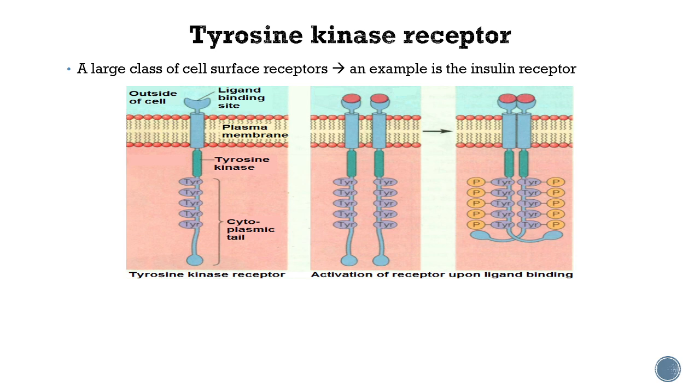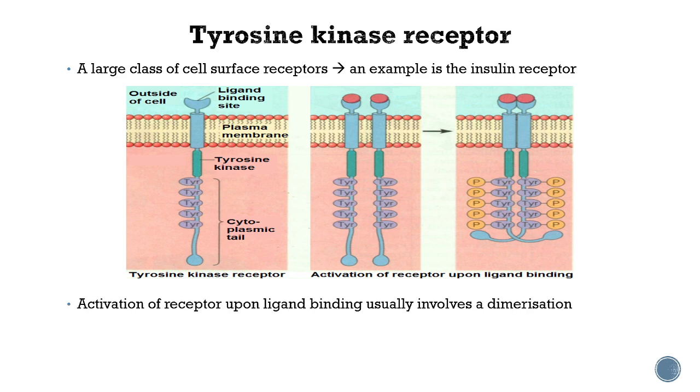Insulin binds specifically to the insulin receptor. This is how a general tyrosine kinase receptor looks. Usually, for most tyrosine kinase receptors, it exists as two separate subunits, and they dimerize, and as a result become activated when the ligand or signaling molecule binds.